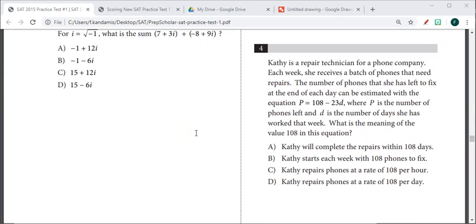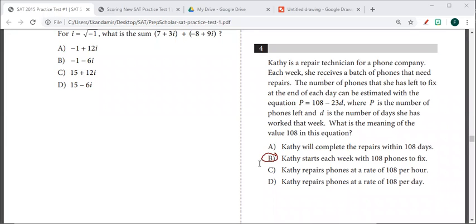So it's decreasing by 23 each day, and this 108 is the initial number. So actually this is the question already: what is the meaning of 108? Katie starts each week with 108 phones to fix. Correct answer.